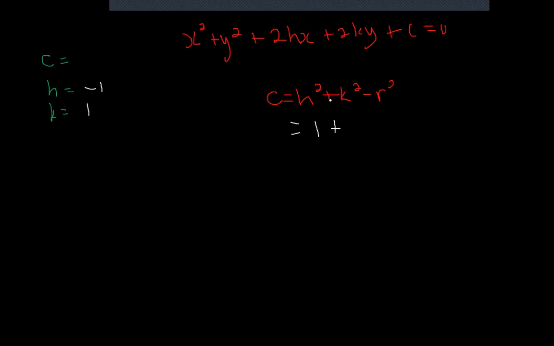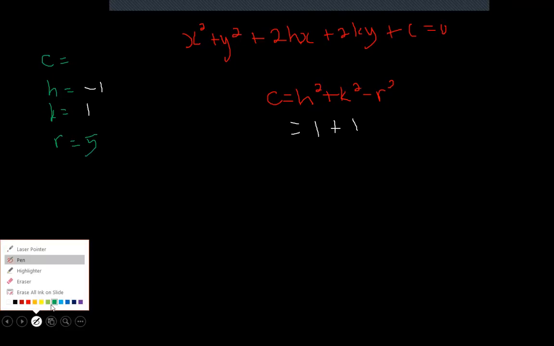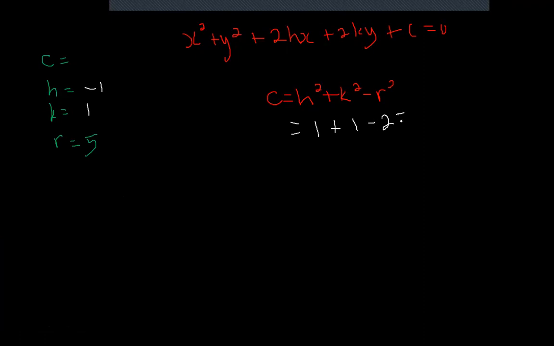K is 1 and 1 squared is 1. And we found out in part 1 that r is equal to 5. So minus r squared would be equal to minus 25. 1 plus 1 is 2, and 2 minus 25 is equal to minus 23. So c is minus 23.